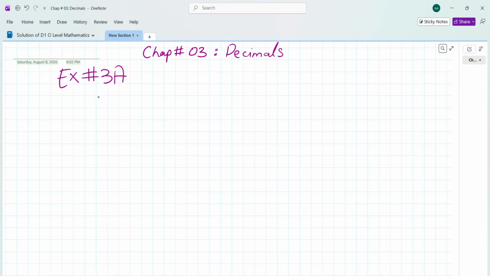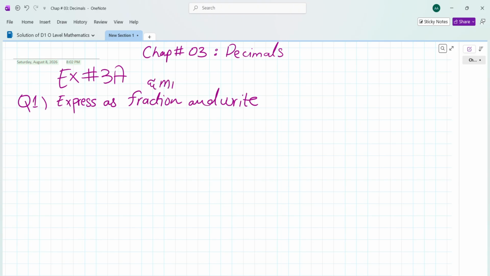So let's move forward to question number 1. I will keep it simple. We have to express decimals as fractions and mixed numbers, and write our answer in simplest form.